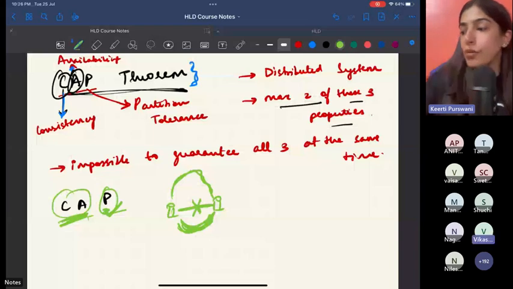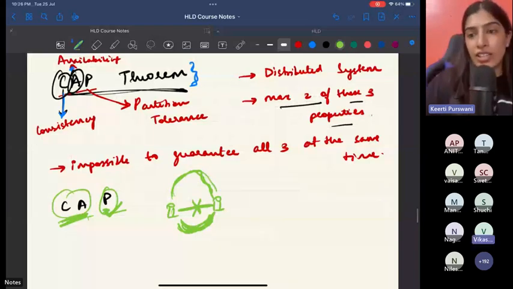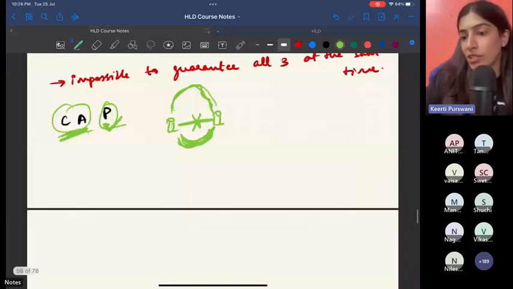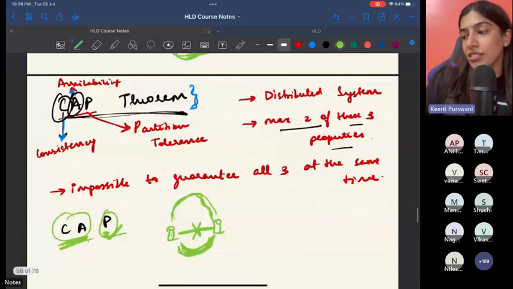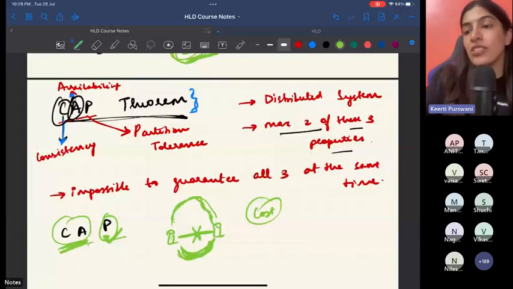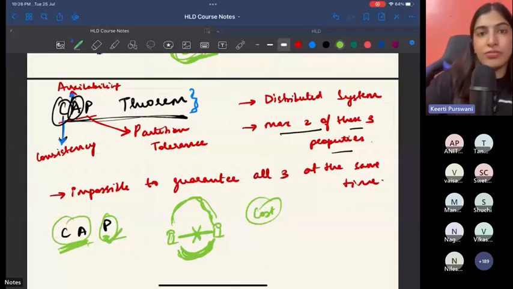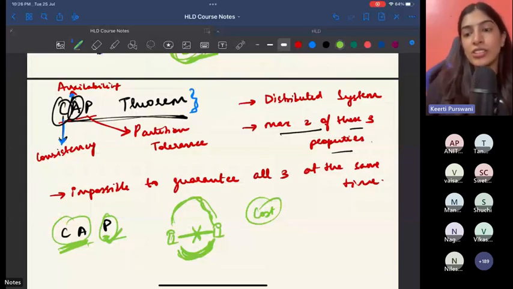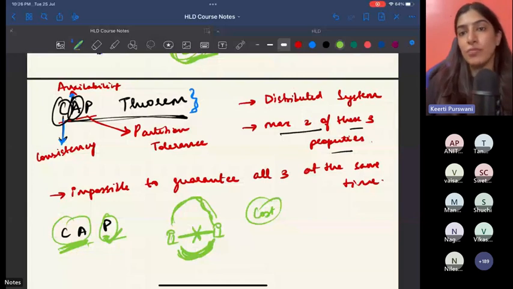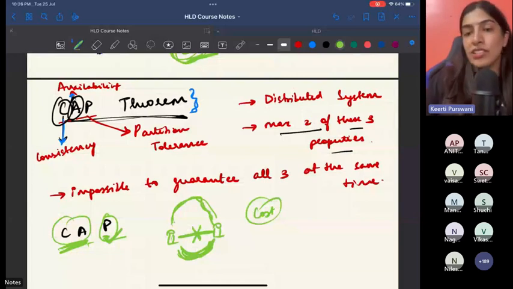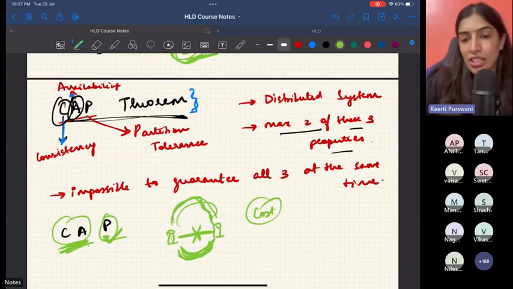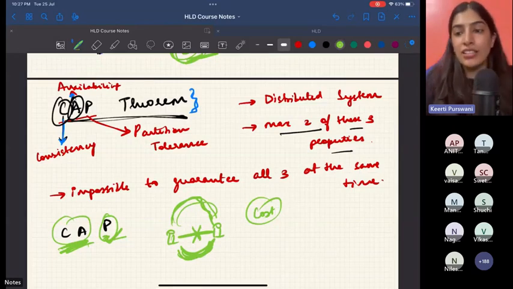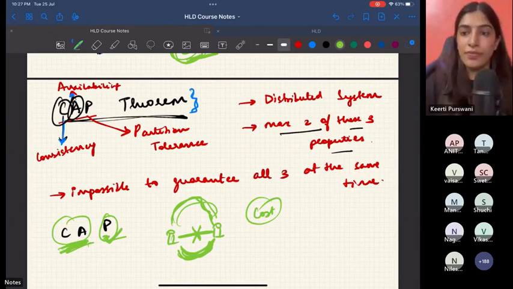I could probably have a backup network, or many backup networks. But what is the problem here? The problem is obviously cost. Imagine a distributed system across multiple geographical locations. It is not possible to have multiple networks for every particular connection. Yes, infra cost. So theoretically it is possible to have a CA system, but in a real distributed system, it is not possible.